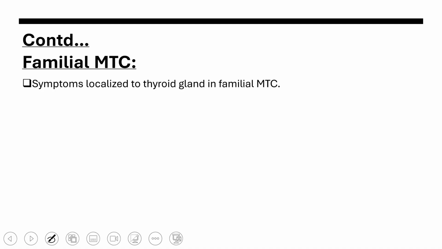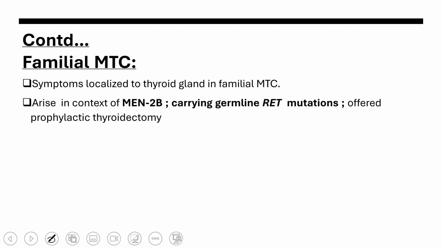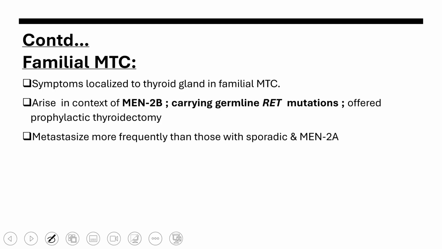Familial medullary thyroid carcinoma presents with various clinical features. The symptoms may be localized to the thyroid gland, and it arises in the context of multiple endocrine neoplasia, carrying the germline RET mutation. Thyroidectomy is the primary treatment, and these tumors metastasize more frequently than sporadic ones.